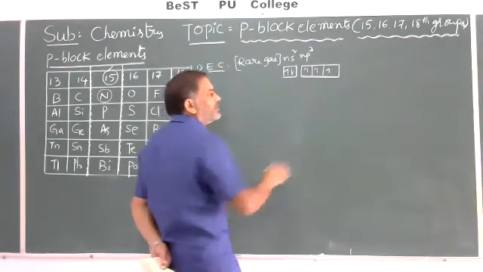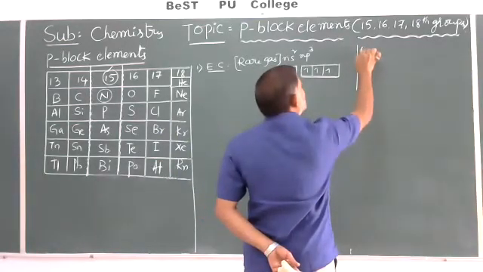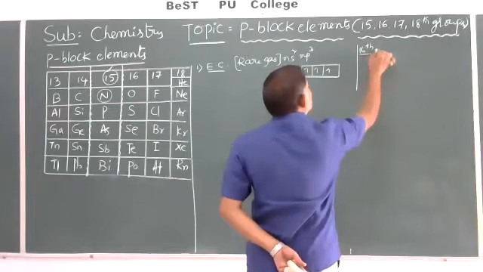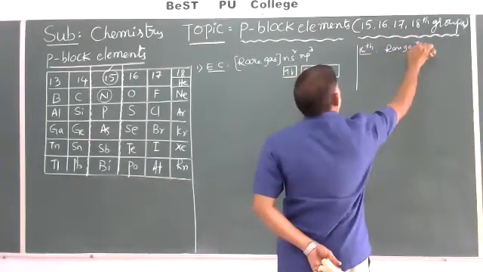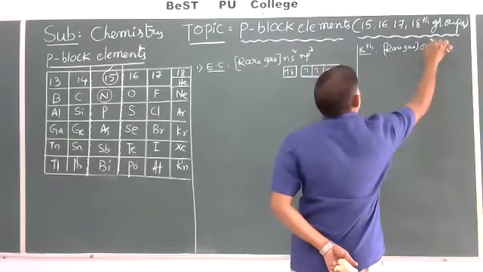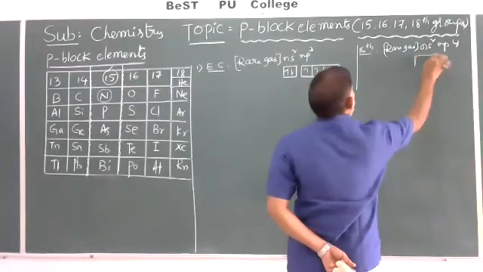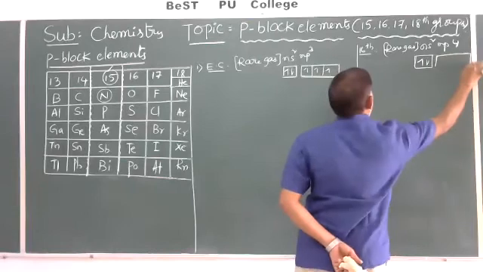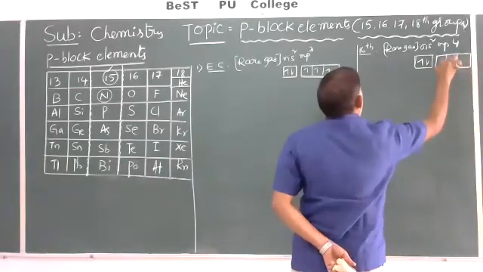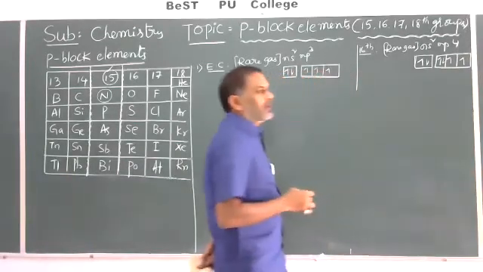Now observe the 16th group elements' general electronic configuration: rare gas ns2 np4. In its outermost orbit, 6 valence electrons are there, out of which 2 are paired and 2 are unpaired.